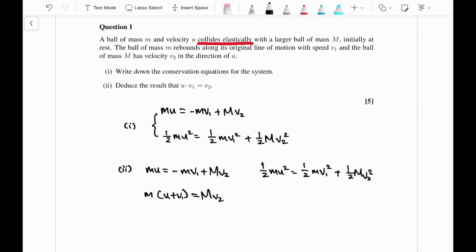So we can cancel out all the 1/2's, and then we can move other terms with m to one side and then factorize m out, which leaves us m times u squared minus v1 squared, is equal to capital Mv2 squared, since all the 1/2's are gone.